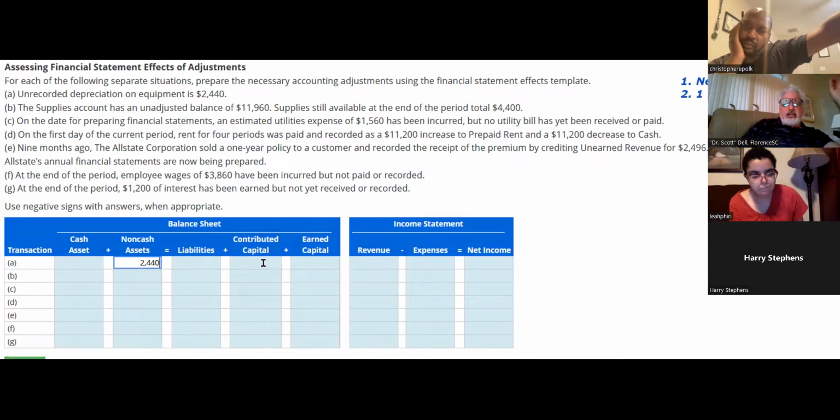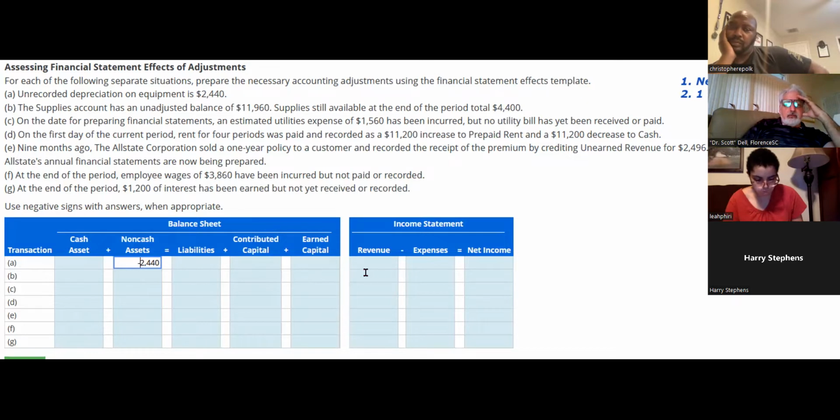It's not the asset itself, it's the accumulated depreciation. That's the contra asset. That will give you the net of net assets when you're down. Oh, I forgot the negative sign. Negative 2,440. So my non-cash assets are going down.